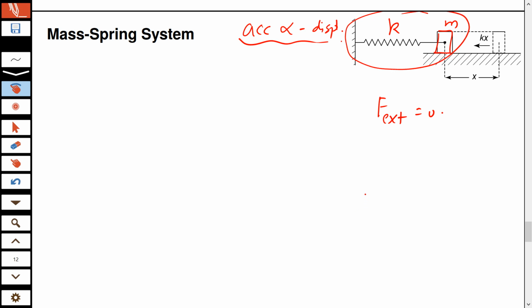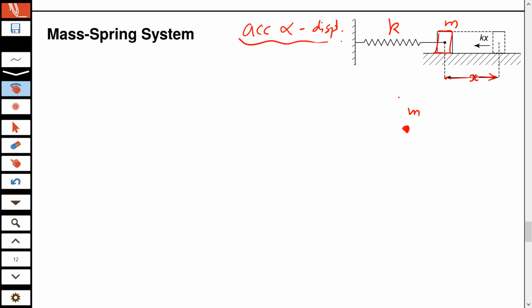ठीक है, mass और spring दोनों आपका system है. But if I think of the mass as my system, free body diagram में mass के लिए बनाता हूँ, तो mass पे कौन सा force लगेगा? Let's say इस point से ये इतना displace हुआ है, ठीक है?